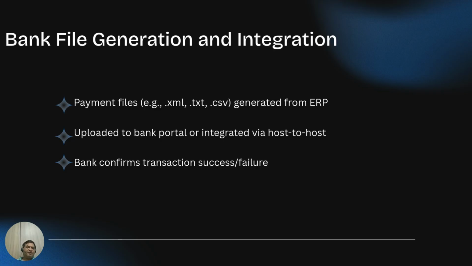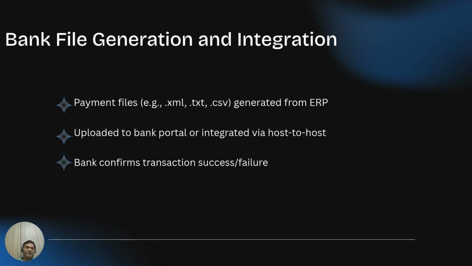Like I said before, there is a connection between our ERP system and the bank. Once you upload the file in the bank portal, the integration automatically works. Once the file is successfully uploaded, the bank confirms the transaction as successful or failed. So I'll explain it once again.